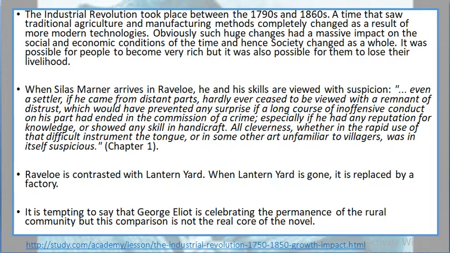When Silas Marner arrives in Raveloe, a village which is one of the settings of the novel, he and his skills are viewed with suspicion, that means outdated.